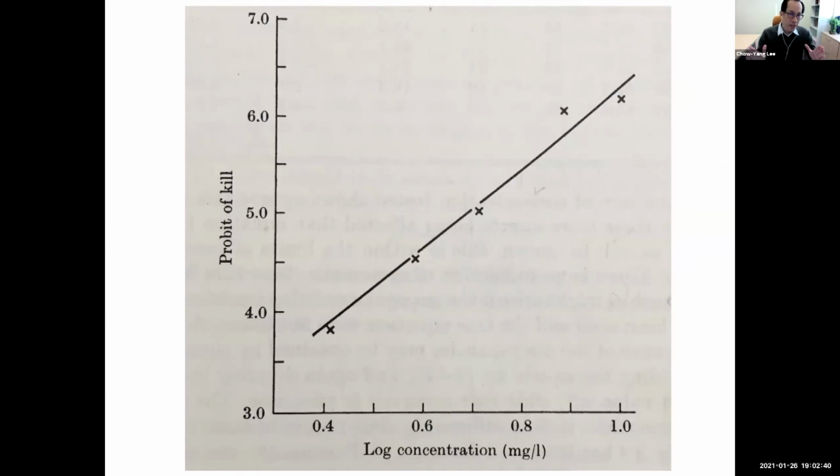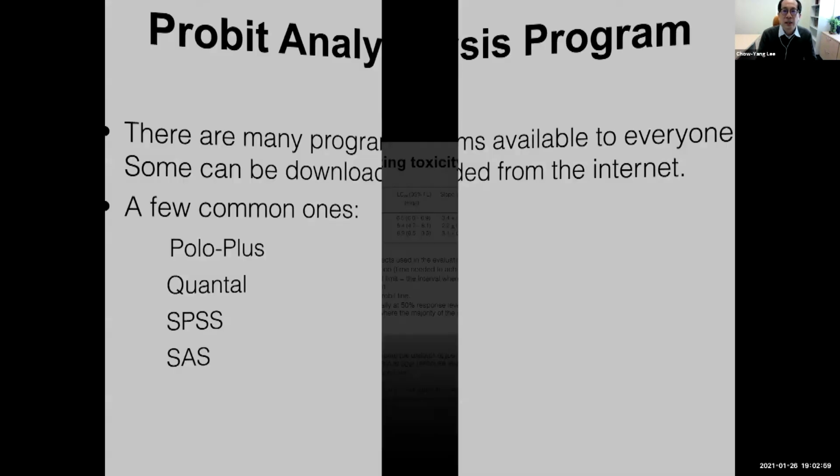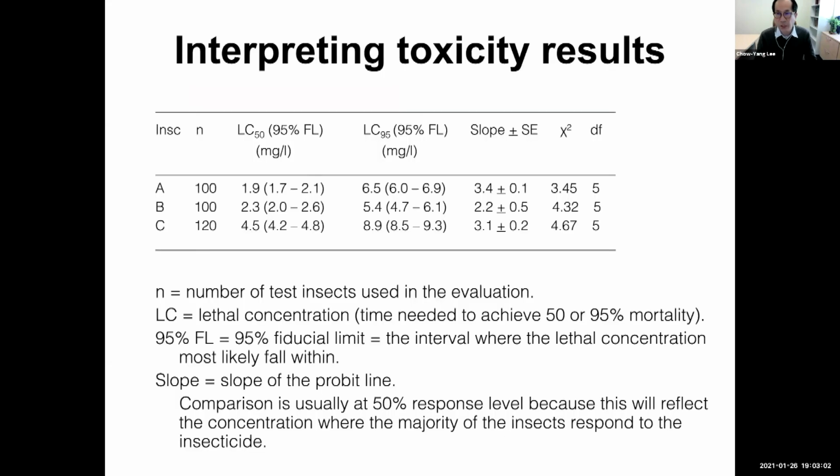If all these X points on this graph are too far from that line, it implies that whatever you observed and whatever you expected deviate too far away, and that will give you a larger chi-square value. So the larger the chi-square value, the worse your fit. So you try to get it as tight as possible.